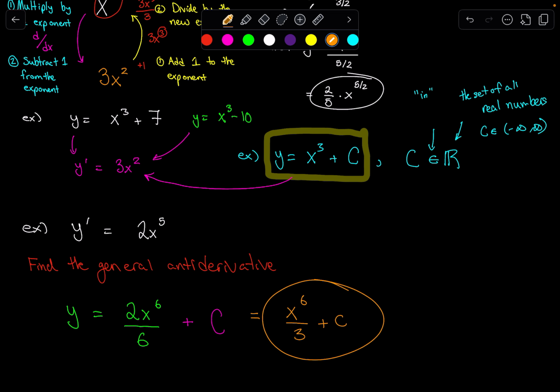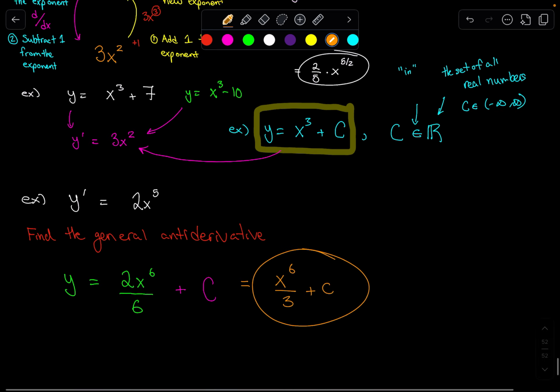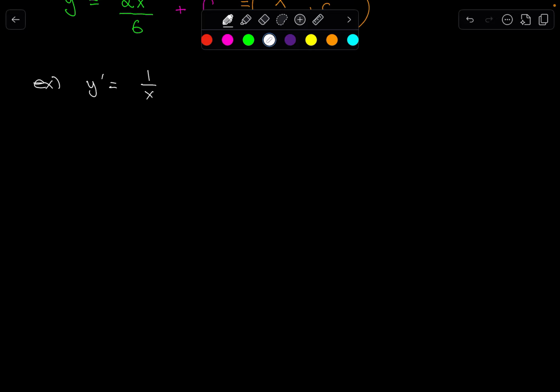And as you learn about antiderivatives, and really the purpose of an integral calculus class, the purpose is we want to learn how to do more than just the easy antiderivatives. That's kind of what we study in this class. But since this video is about the elementary ones, let me just recap a few of the common ones. So for example, if you were given that the derivative looks like 1 over x, we need to have a familiarity with recognizing, okay, if this is the derivative, what function did it come from?